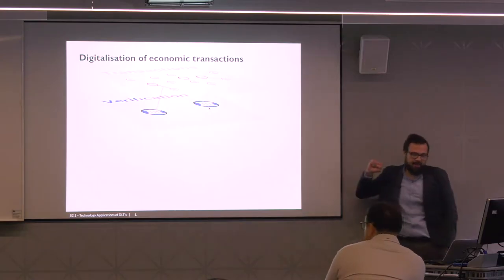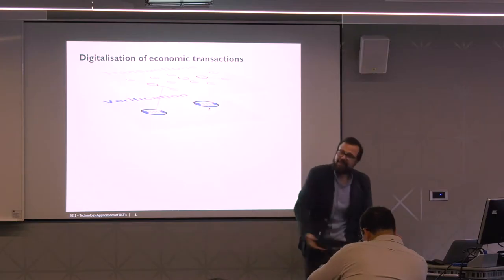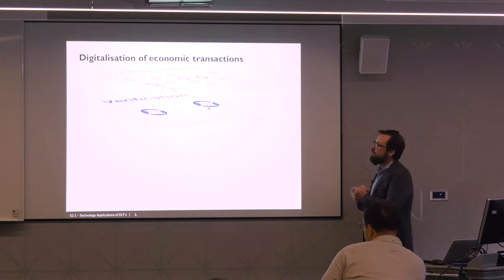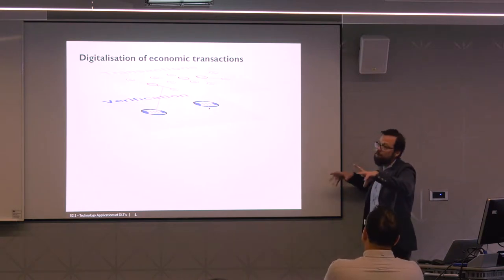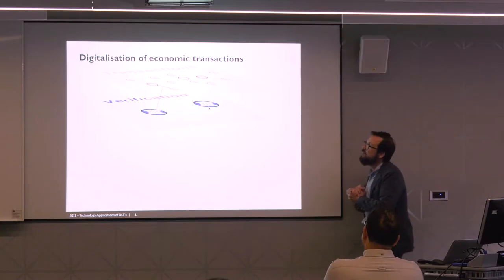In the 70s, the internet is developed, and it's a fully decentralized network of interconnected computers that allows routing of information through different paths in such a way that it can always reach its destination.